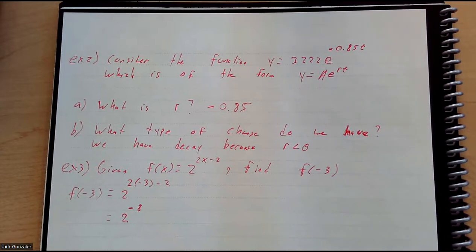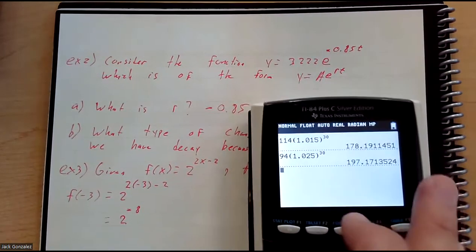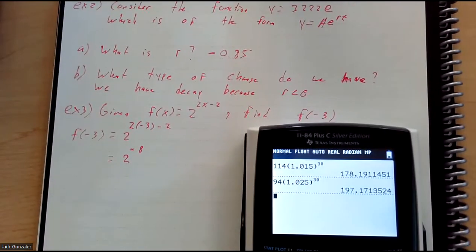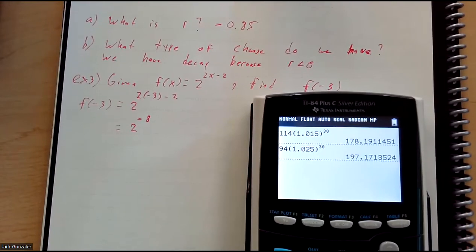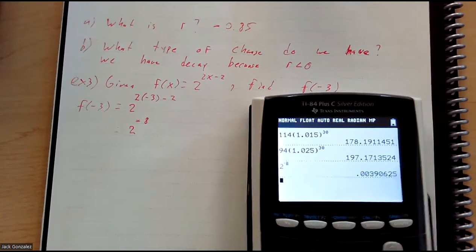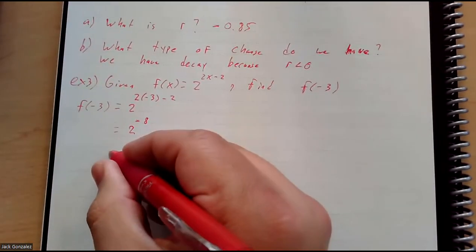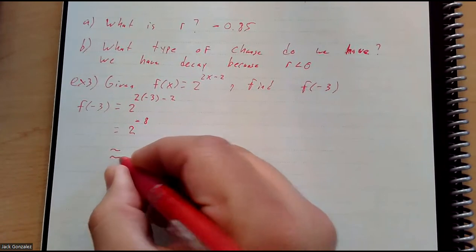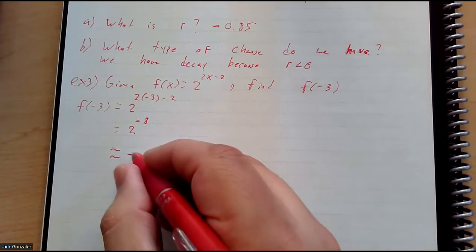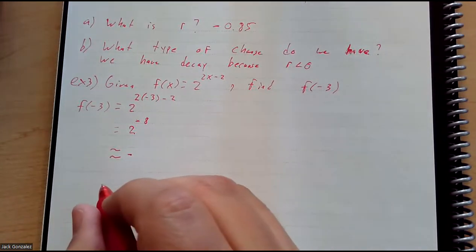As a decimal, it's going to be pretty small. Two to the negative 8. It'll be, what is that?